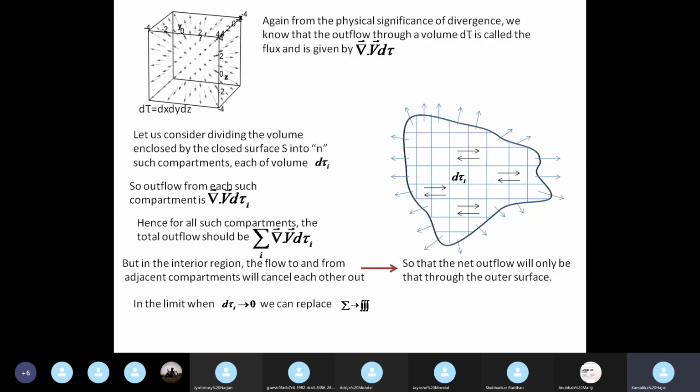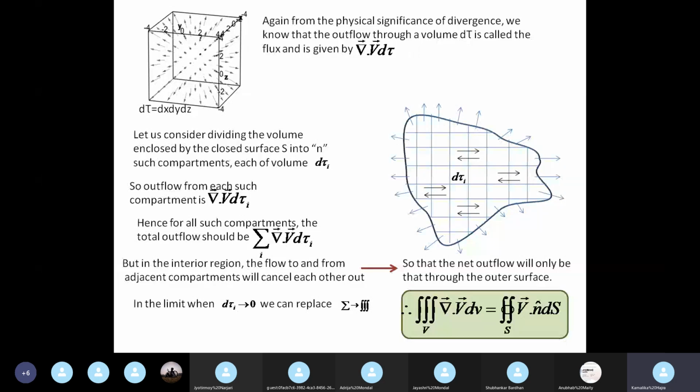So in the limit when these compartments are of very small volume, that is d tau goes to 0, we can go from discrete to continuous, that is we can replace the summation by the volume integral, and therefore what we get is the volume integral of divergence V dV is equal to the surface integral of V dot n cap dS, because we saw in the last slide that the surface integral exactly gives us the flow through the surface.